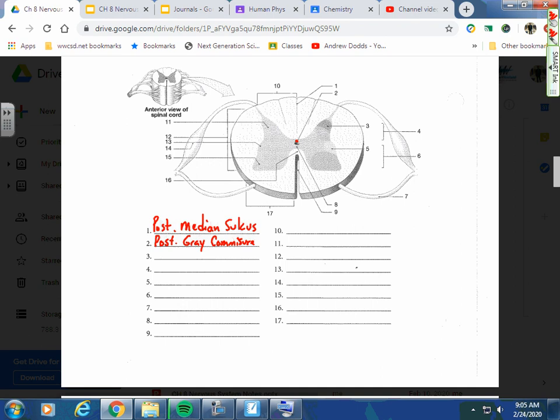Number three is somatic. Number four is sensory nuclei. Number five is visceral. Number six is motor nuclei.